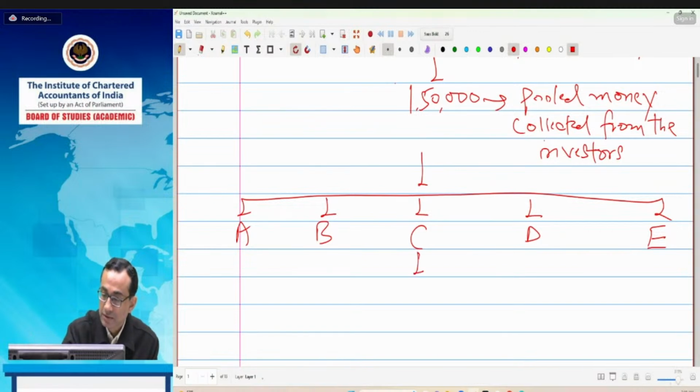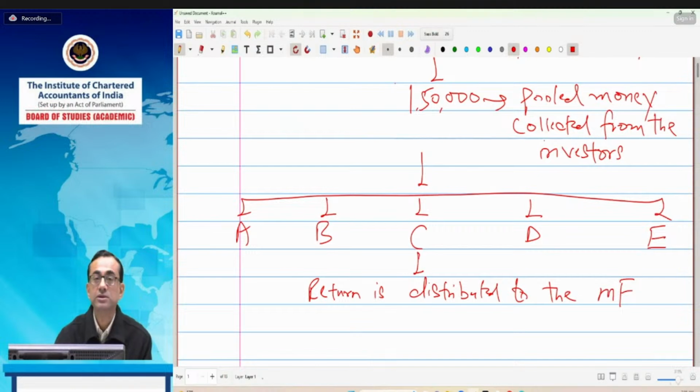Now, whatever return is generated by these companies, either in the form of dividend or in the form of capital gain, is actually distributed. Distributed to whom? The mutual fund. Because these companies do not directly deal with the investors.